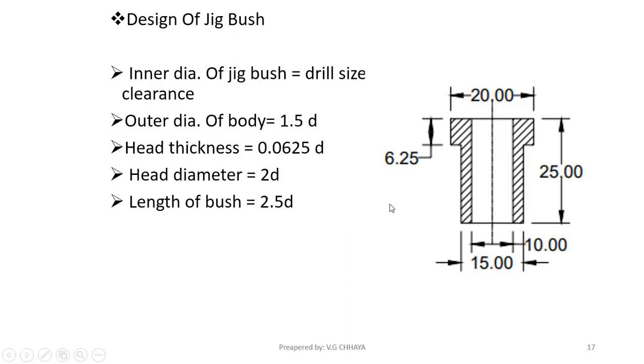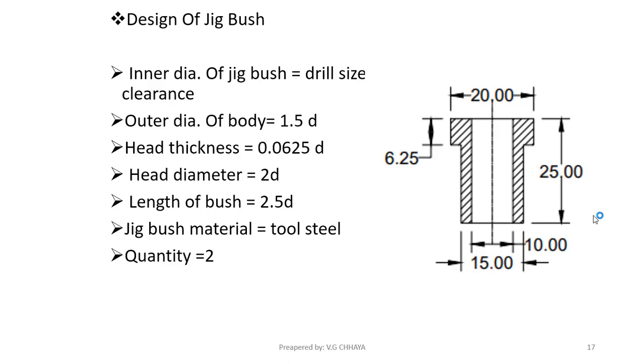Then finally we will find length of bush, that will be 2.5 into d, so it will be 25 mm. We need to remember that material of jig bush will always be tool steel, and we need to drill two holes, so quantity of jig bush will be 2.